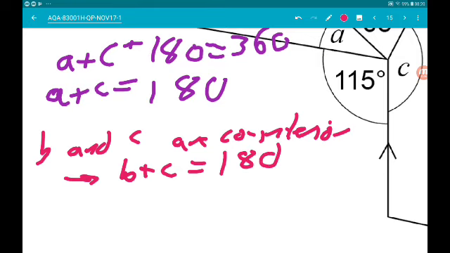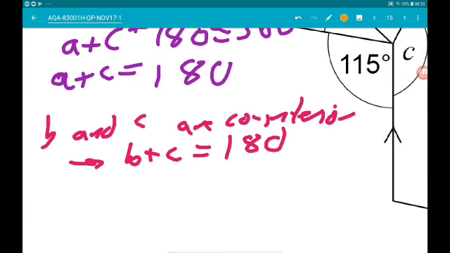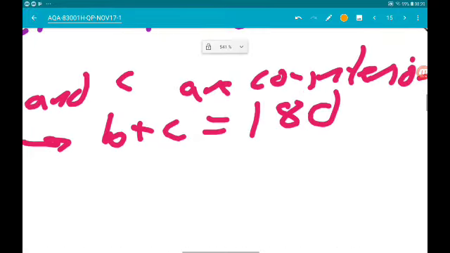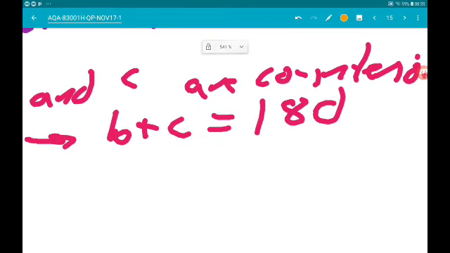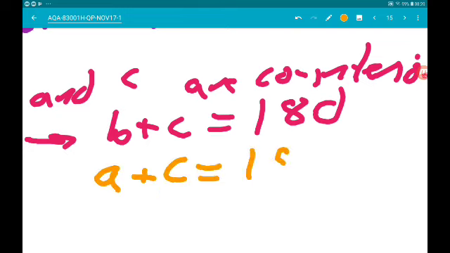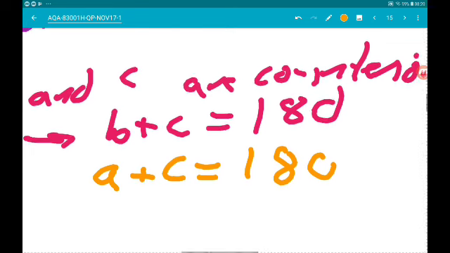Now what we have here is two simultaneous equations. We know that B add C is 180. We know that A add C is equal to 180. So we can get rid of the C's.